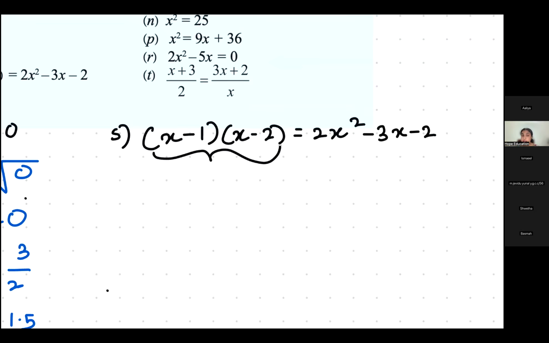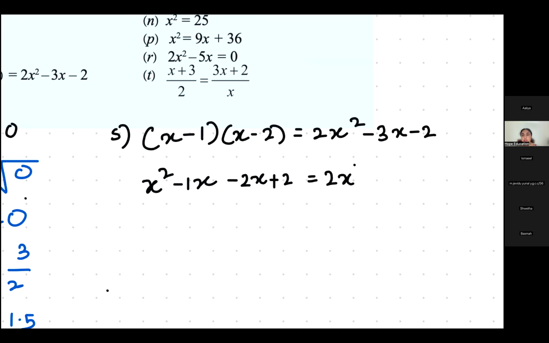I'm going to simplify this. X times x is x squared. Minus 1 times x is minus 1x. X times minus 2 is minus 2x. Minus 1 times minus 2 is plus 2. Equals 2x squared minus 3x minus 2.